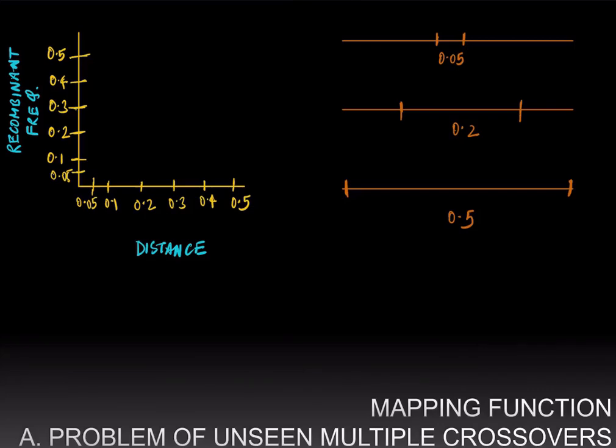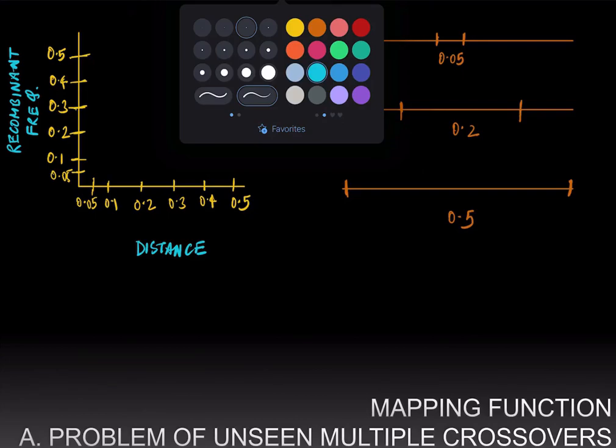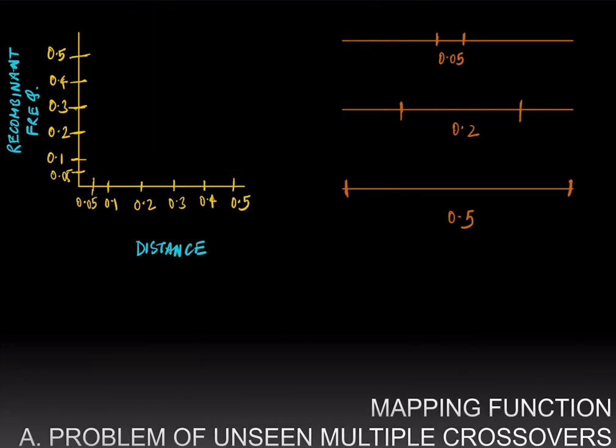When we use recombinant frequency to measure distance, we assume that recombinant frequency and distance are linearly related. In fact, they are identical to each other. So if you have a recombinant frequency of 0.05, then your distance between genes is 0.05.